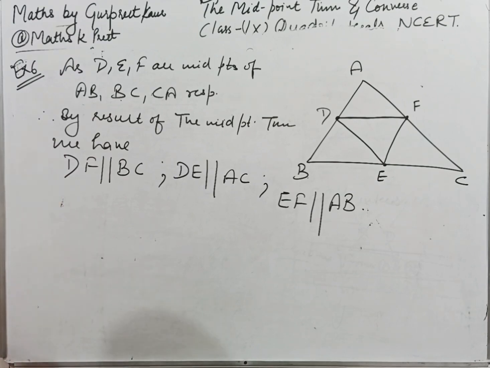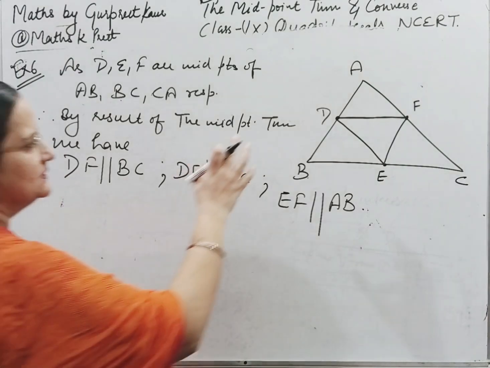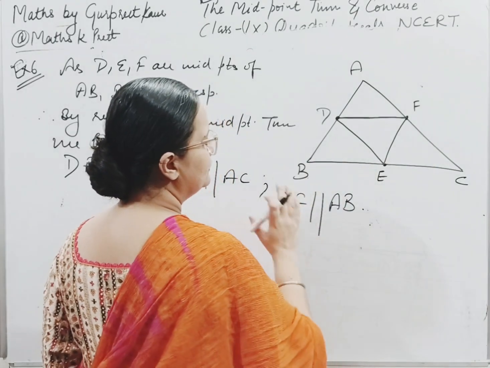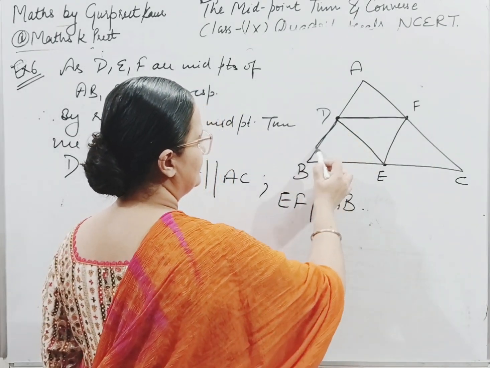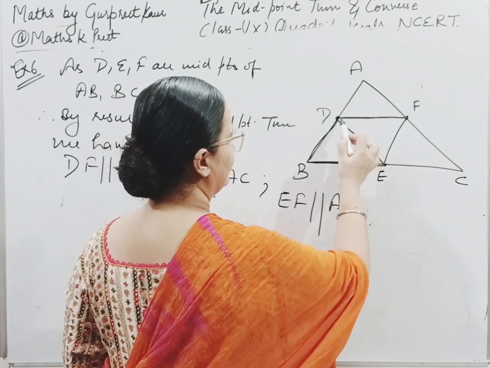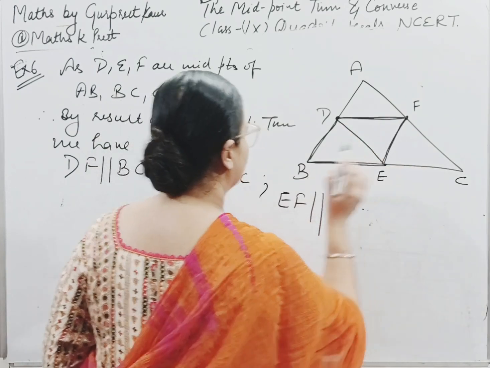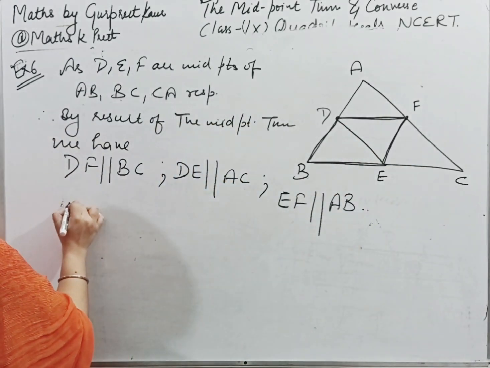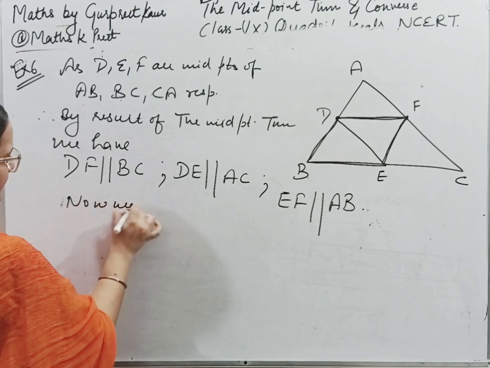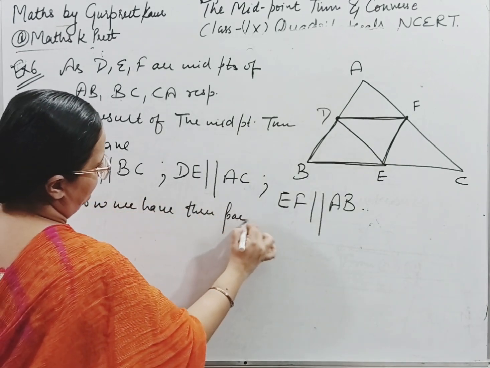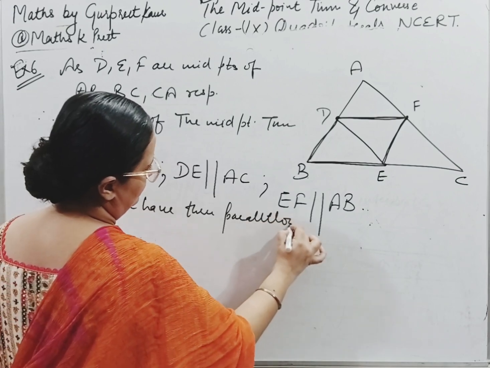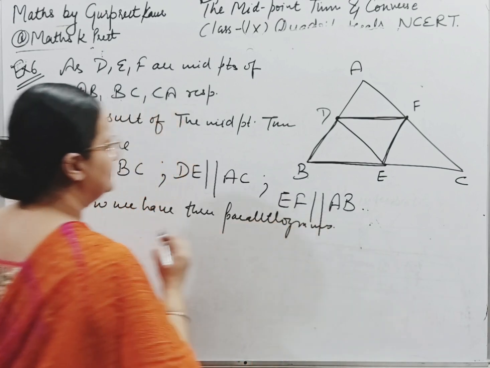Now we have to show that this complete triangle is divided into 4 congruent triangles. Basically, first we can say that this triangle is having three parallelograms. First parallelogram is this. Okay, what are these?